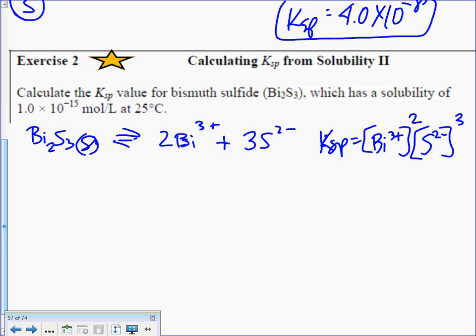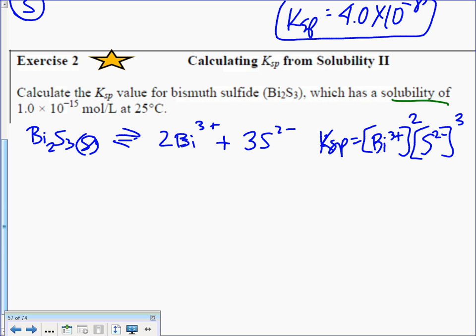So how much of each of these products do I make in terms of x's? I know the solubility is 1.0 times 10 to the negative 15th, and that's telling me how much of this dissolves. But when that dissolves, it doesn't make a 1-to-1 mole ratio of both of its ions. It makes multiples of both. It's going to make more sulfide ions as compared to bismuth because of the ratio. So we have to put that in perspective of x at first.